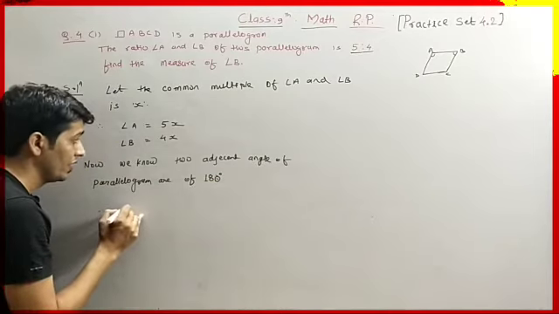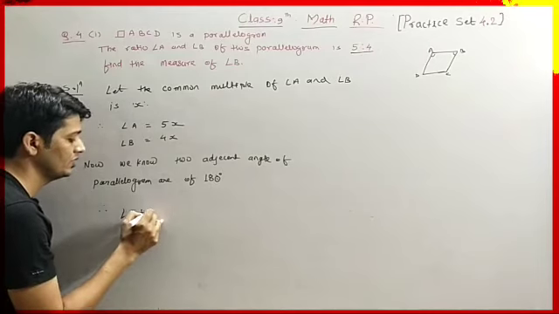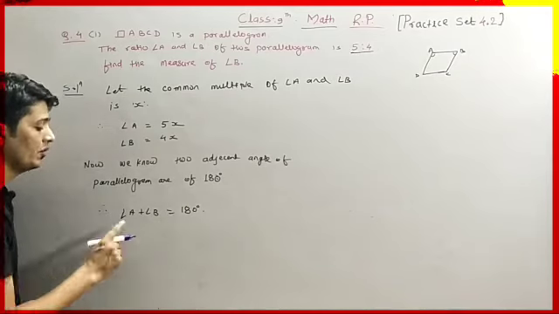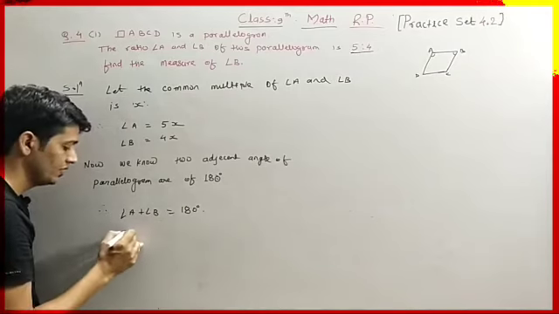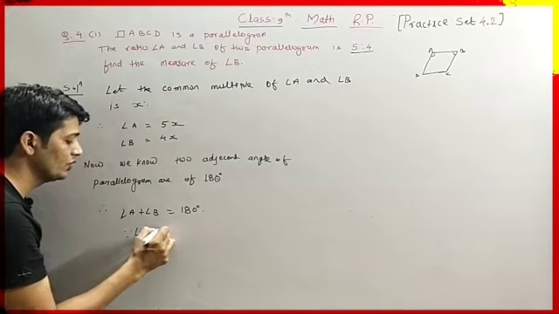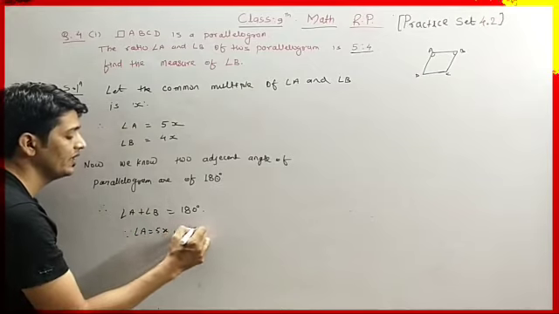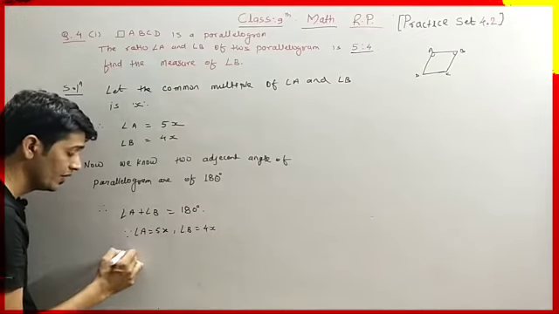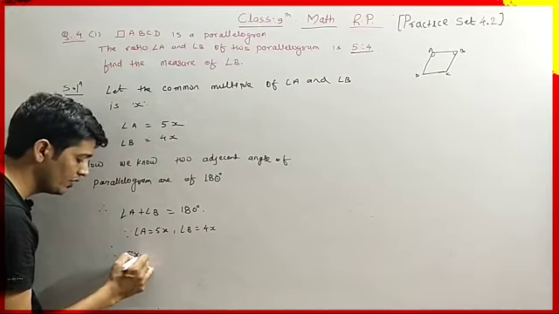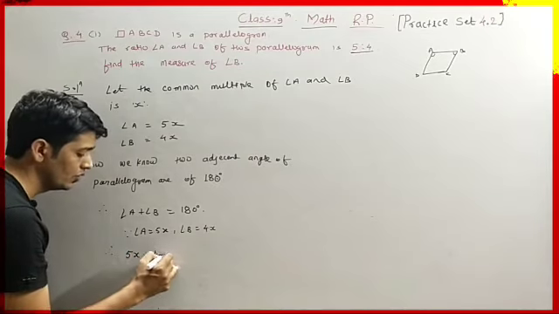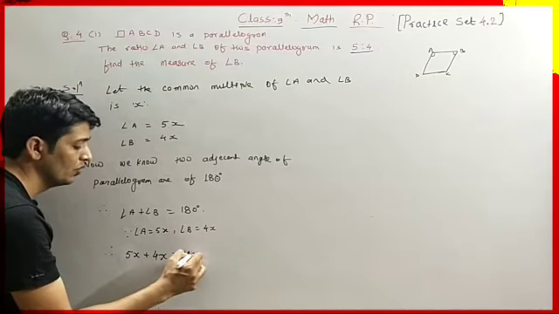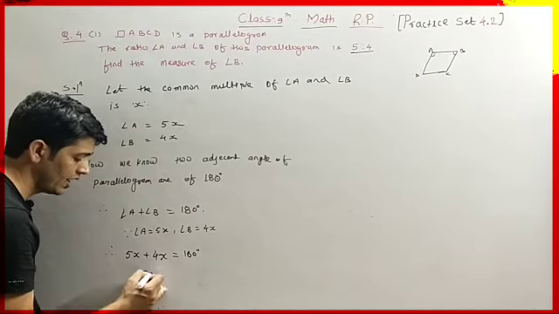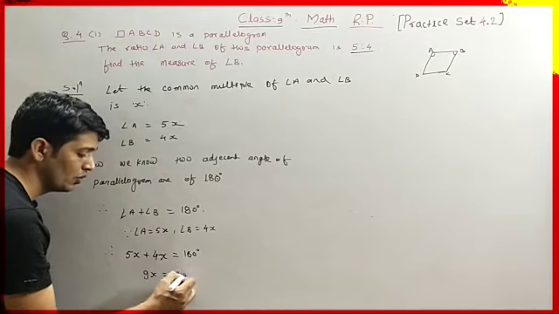Therefore angle A plus angle B equals 180 degrees. Since angle A equals 5x and angle B equals 4x, we can write 5x plus 4x equals 180 degrees. So 9x equals 180 degrees.